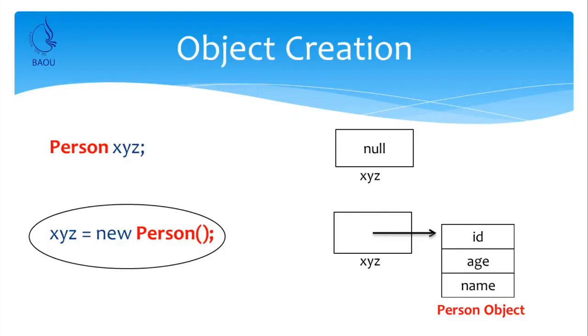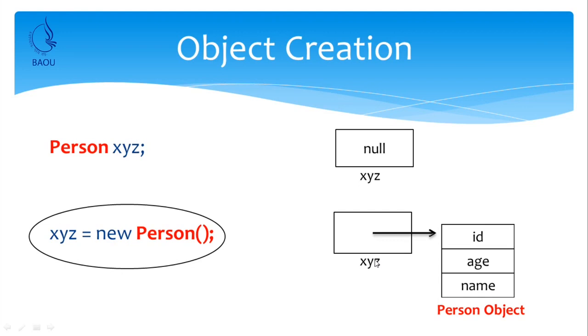Once the object is created, how memory is allocated is represented on screen. Here, when you write Person xyz, xyz has no reference, so it is assigned null. But when you write xyz is equal to new Person, which is shown in the oval, memory is allocated for xyz and the same value is assigned to xyz.